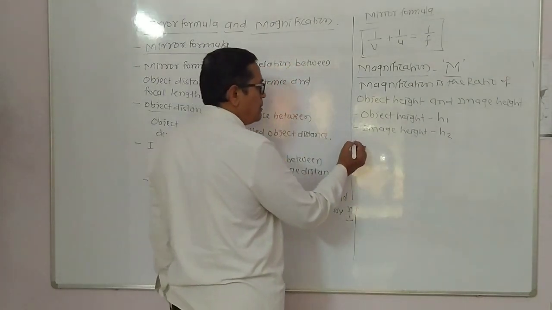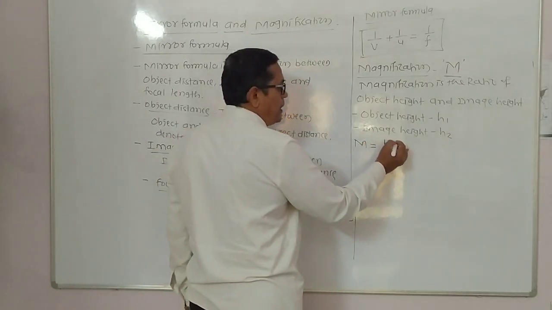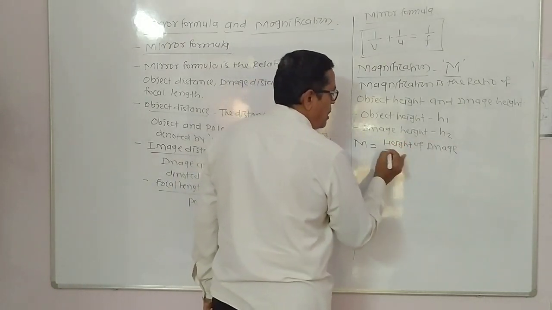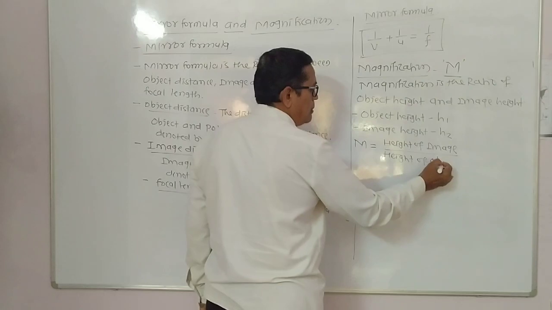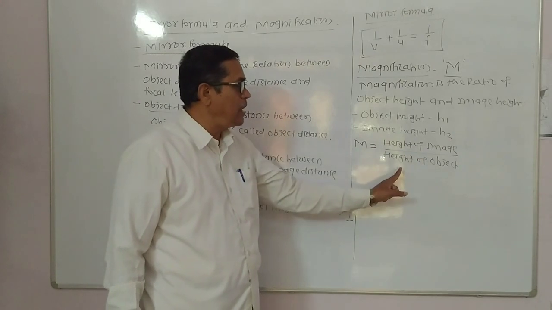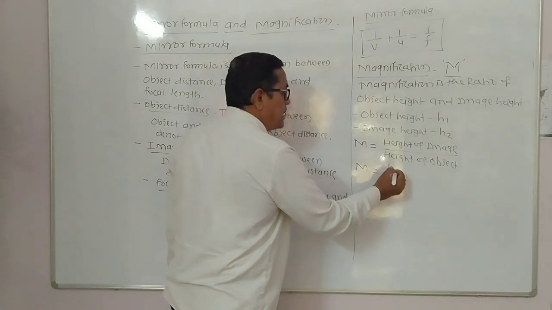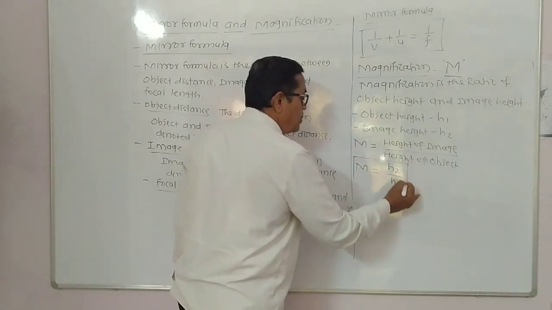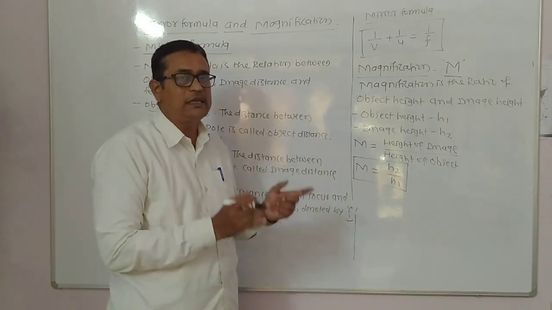Then what is magnification? Magnification m equals height of image upon height of object, that is, m equals h2 upon h1. This is one formula to calculate the magnification. It is the comparison between size of object and size of image.